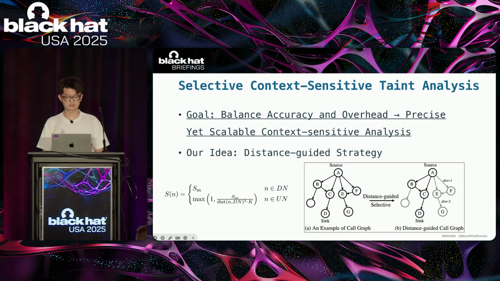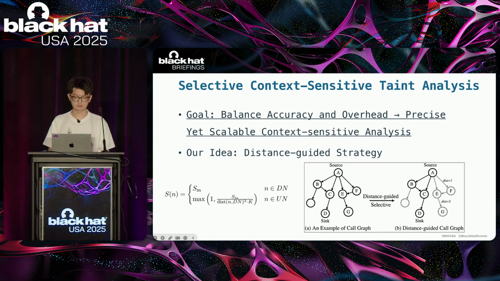So how can we fix the scalability issues while keeping the precision? In MScan, we take a smarter, more dynamic approach. We introduce a distance-guided strategy. This approach adjusts how deeply we analyze context, depending on how close data is to a vulnerable sink within the service dependency graph. If data gets closer to a sensitive operation, we increase context sensitivity to improve detection accuracy.